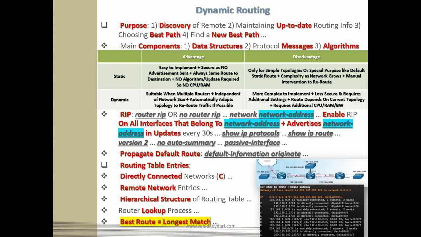Also, for routing to and from a stub network, the best solution is static routing. Finally, to access a single default route, we use static routing. On the other hand, we have dynamic routing, and dynamic routing is the best choice for large networks as opposed to static routing in small networks.